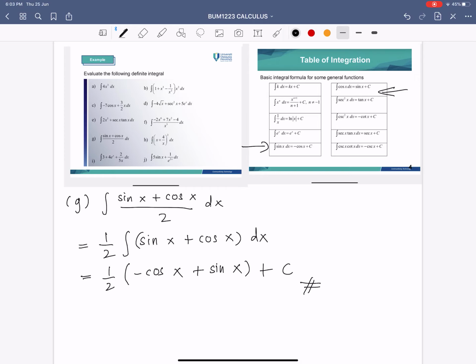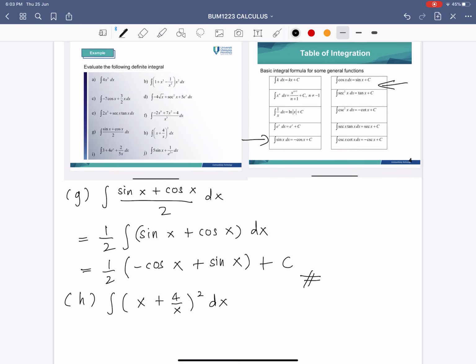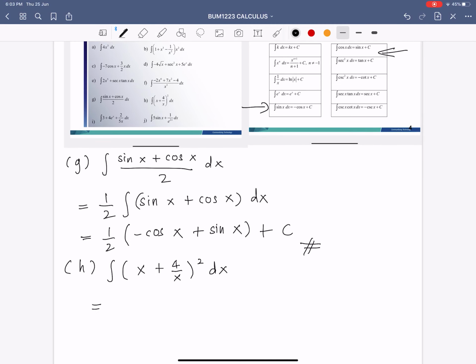Next, question H. We have the integration of x plus 4 over x, all squared, dx. So what we have to do first is expand this function, because the function is just squared, so it is possible for you to expand.